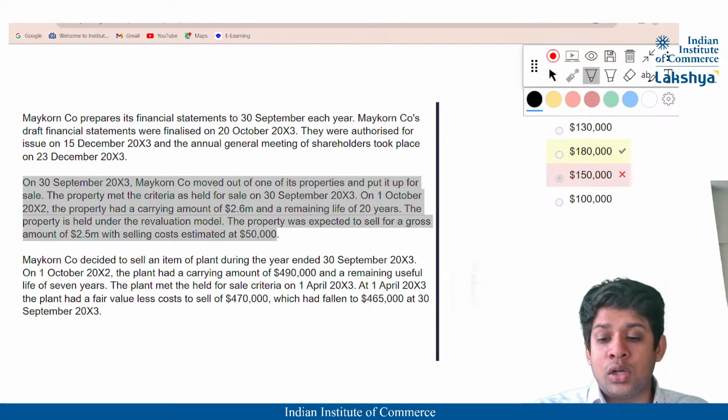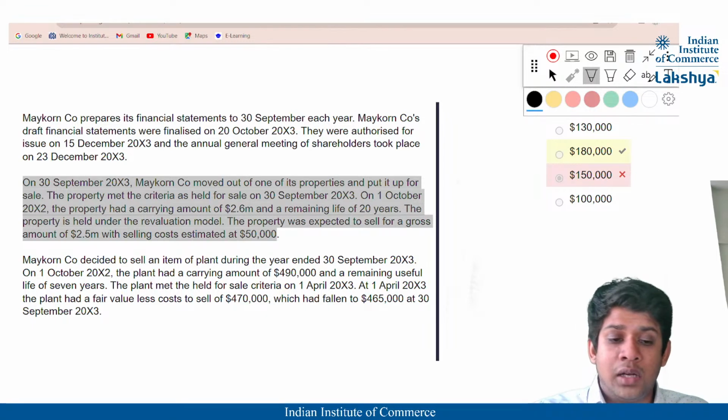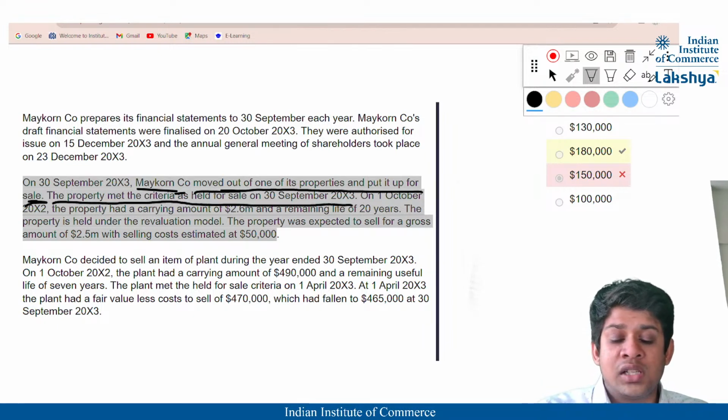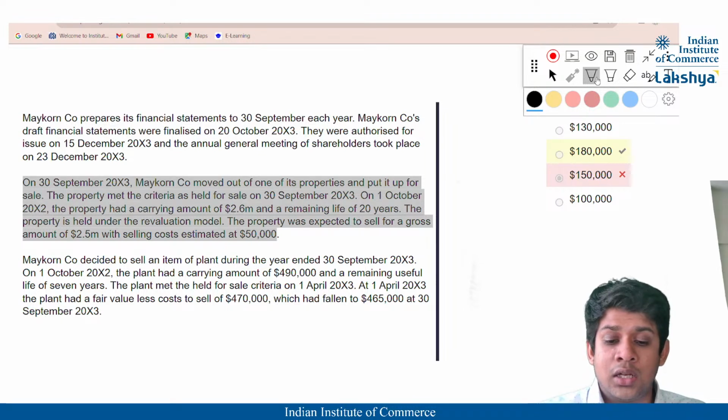Macon Company moved out of one of its property and put it up for sale at the year end. The property met the criteria as held for sale at 30th September at the year end.